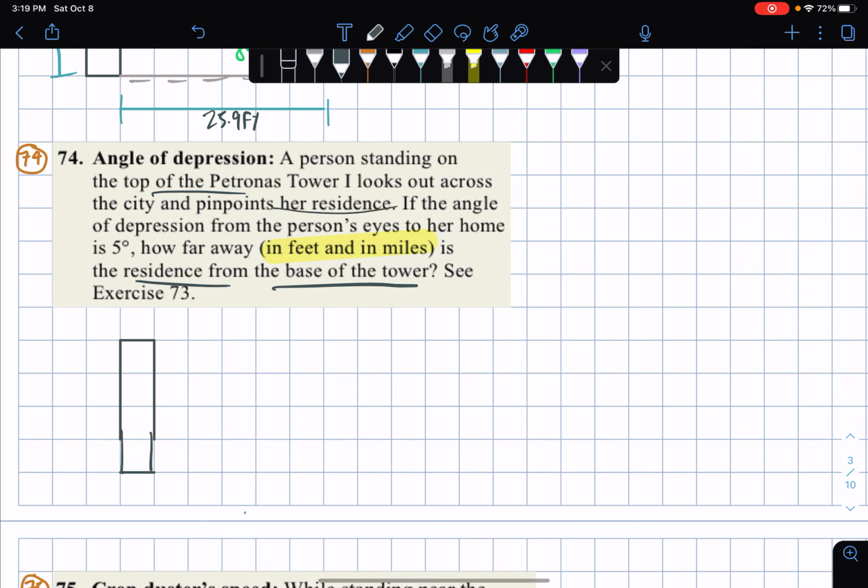And the person is located at the top of the said building. The angle of depression. So let's draw a line of orientation over there and write something like this. This is 5 degrees and 90 minus 5 is 85 degrees.